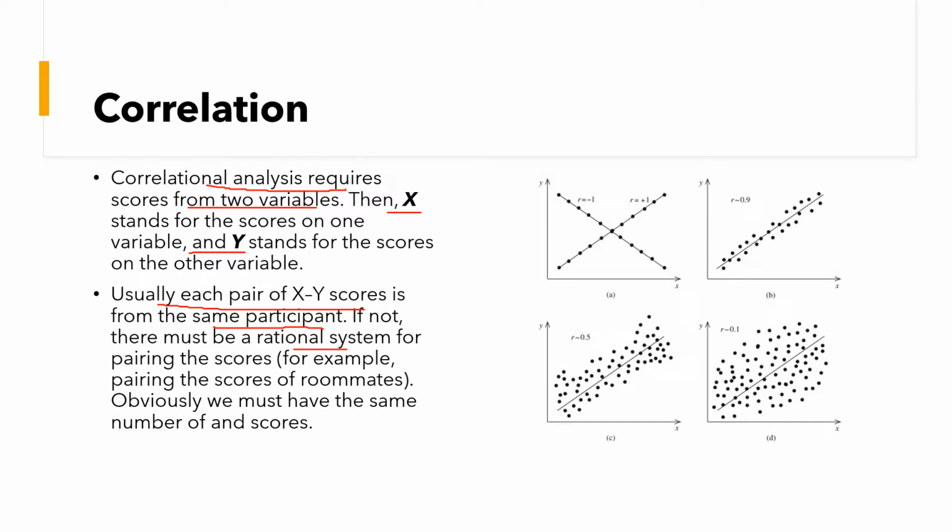Suppose these are classmates' or roommates' scores. In this case, for the x variable we count the score of one person, and for the y variable we count another person. So some rationale is required, but again, we require the scores in pairs. So obviously the number of pairs is the same as the number of individuals in both variables, so the number of scores is the same.